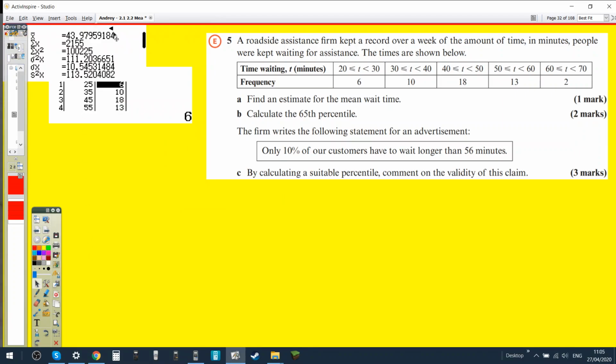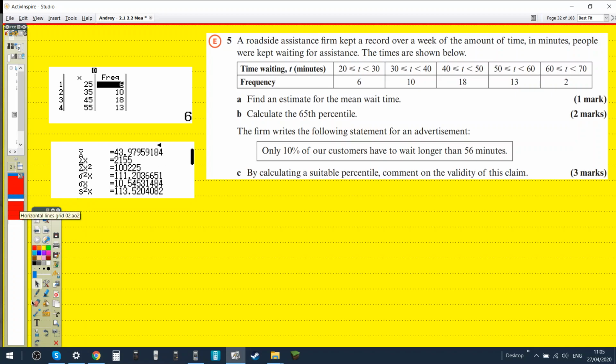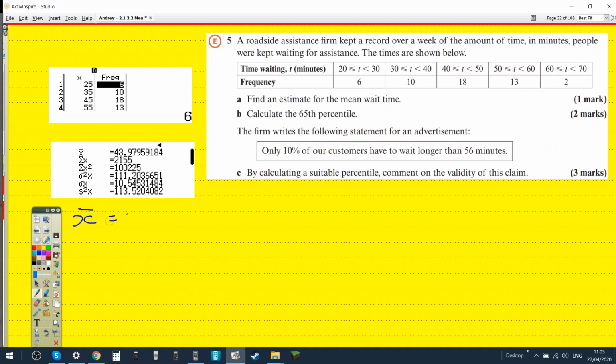X bar. So yeah, I got the same answer, 43.979. So I'll just say that's 44.0 roughly. Yeah. And B.